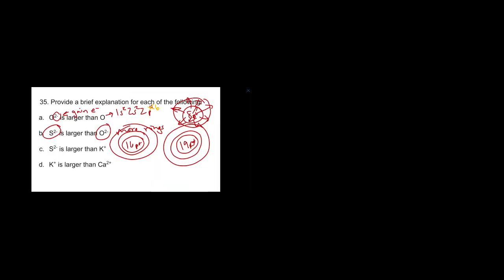Calcium also has 18 electrons like argon. So once again, we have the same amount of electrons. But potassium has 19 protons with the 1s2, 2s2, 2p6, 3s2, 3p6. Calcium actually has 20 protons with the same electron configuration.